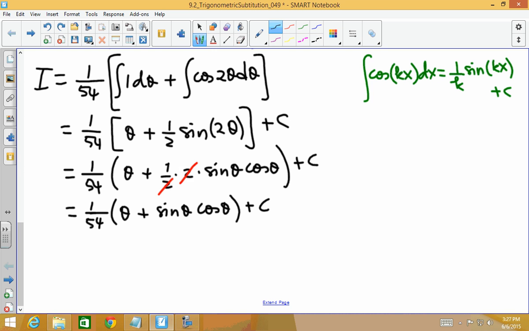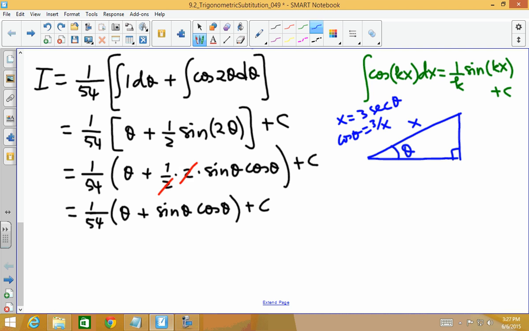Now let's use a triangle to determine what cosine theta and sine theta are. This is theta, and we said that x equals 3 secant theta. It means that secant theta is x over 3, so cosine theta is 3 over x.